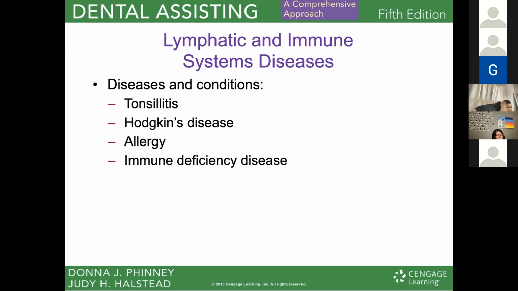Tonsillitis is a chronic infection of the tonsil tissue. Hodgkin disease is a malignant disorder that causes the lymph nodes to enlarge. An allergy is a hypersensitivity to a certain substance. And then immune deficiency disease is a failure in some part of the immune system.